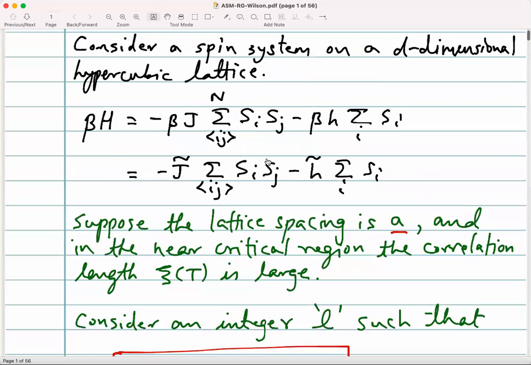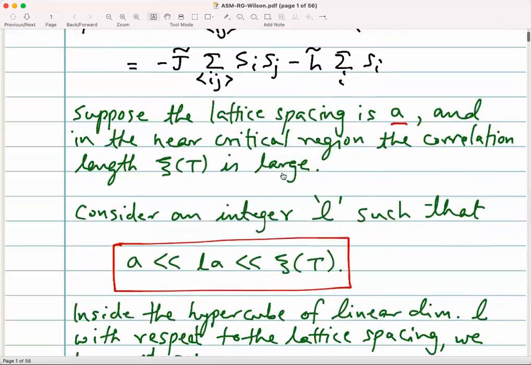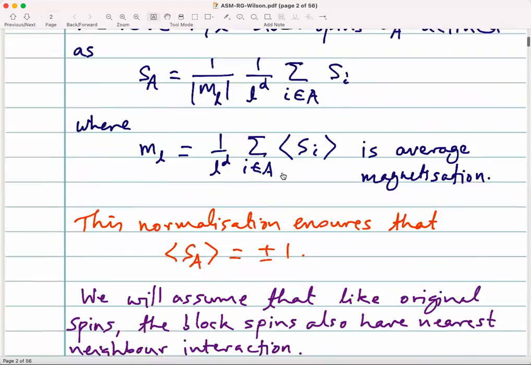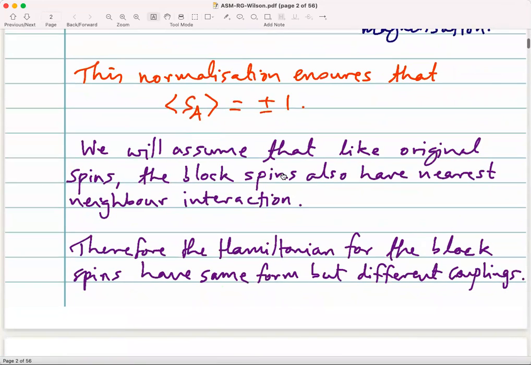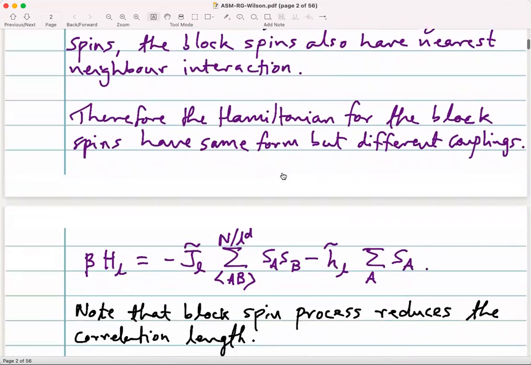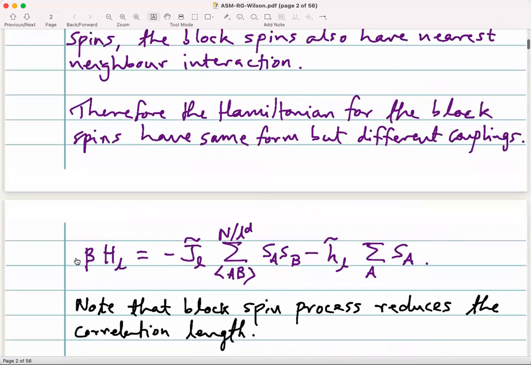The only difference is that we will replace S_i and S_j by S_A and S_B, and as long as A and B are nearest neighbors, the interaction is there. Only difference would be that J tilde and H tilde that we have written down in the original problem may differ for the block spin. So what we will do is call the new Hamiltonian H_L, because L was the integer that we used for constructing the coarse-grained system.